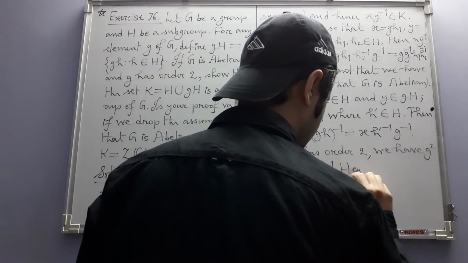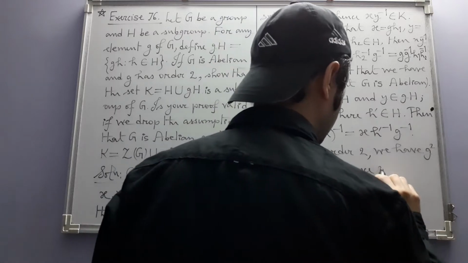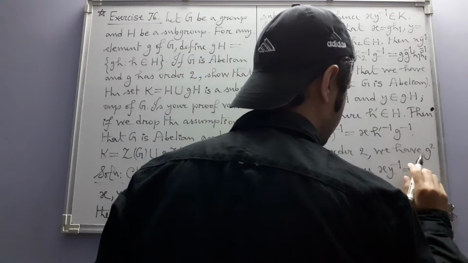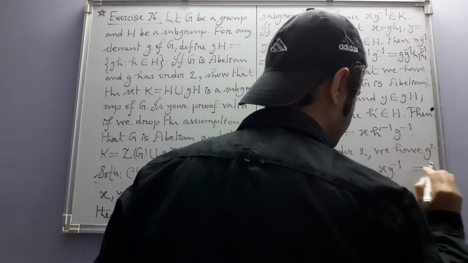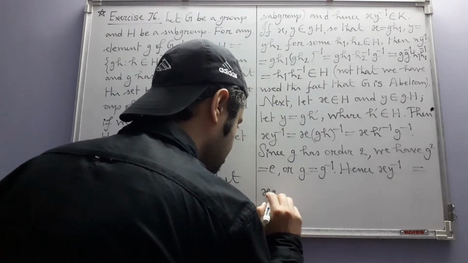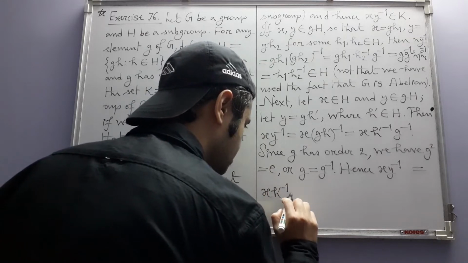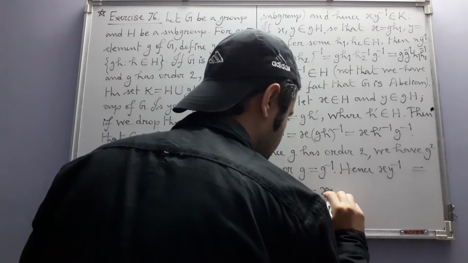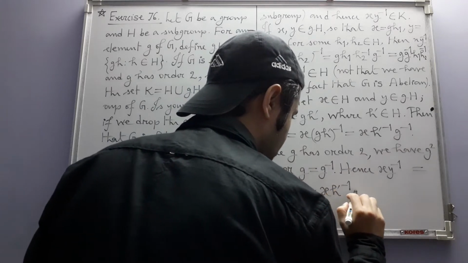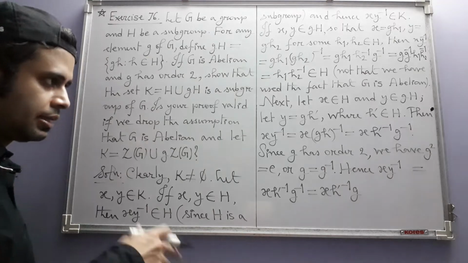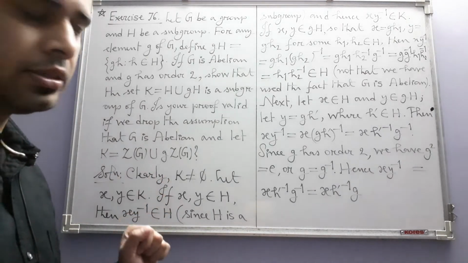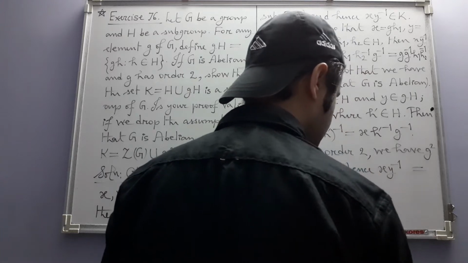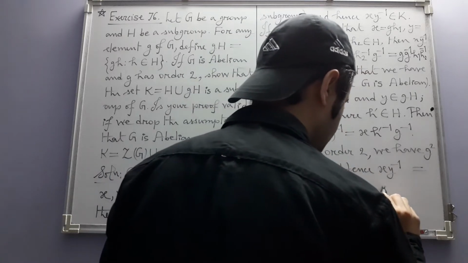Hence xy inverse, which is x h' inverse g inverse, becomes x h' inverse g. But again we can use the fact that G is abelian, and this time we are not going to mention that, we will just simply write g x h' inverse in place of this.